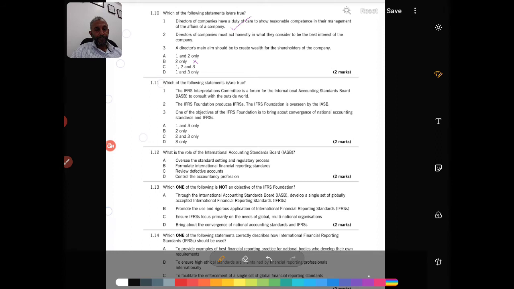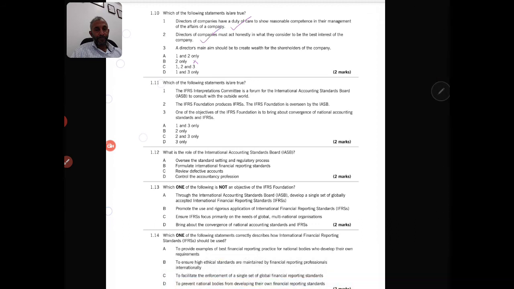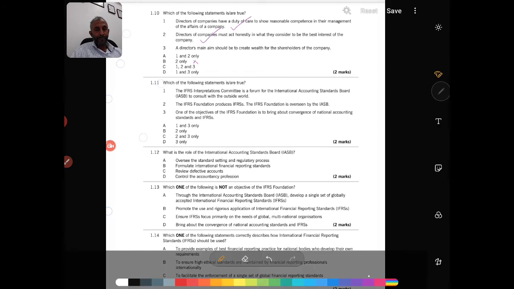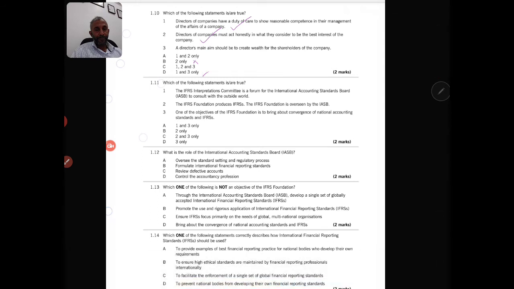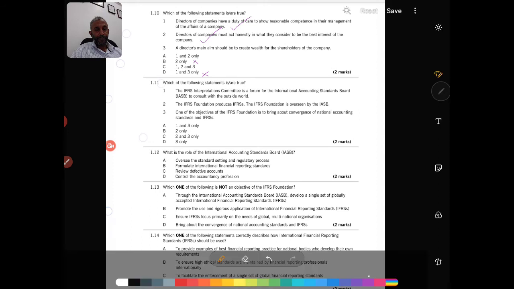That is also correct, obviously, because they have to look into the best interest in an honest way. So answer number two is correct. If answer number two is correct, then D is wrong. So we are left with two more options, A or C.